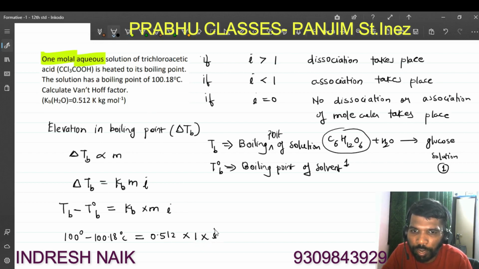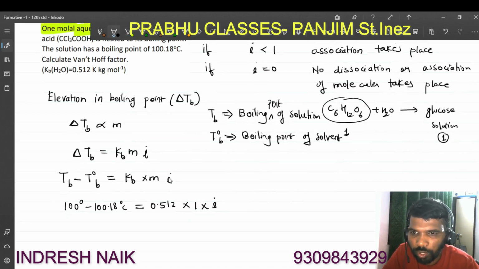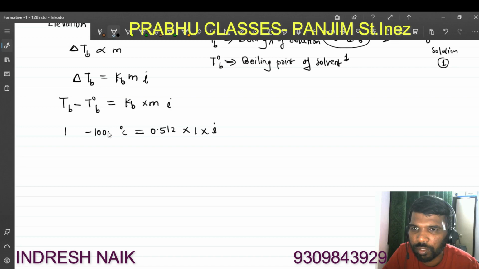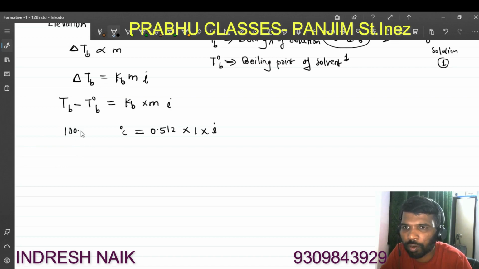Just a minute, so many mistakes I am making. It is 100.18 minus 100 degrees Celsius. Okay, it is this way. So this is 0.18, which is equal to 0.512 into i.